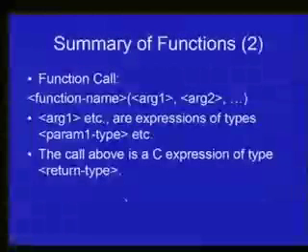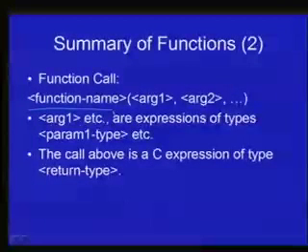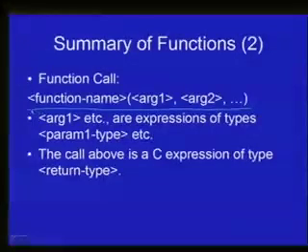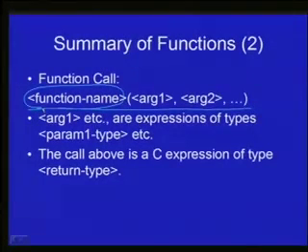So here is how we make a function call, that is how we use a function. We specify a function name, the function that we want to call, and then for each of the parameters we have to supply a corresponding argument. The arguments must of course be of the right types, that is, argument 1 must be of the type that is declared for parameter 1, and similarly argument 2 must be of the same type as parameter 2, and so on and so forth.